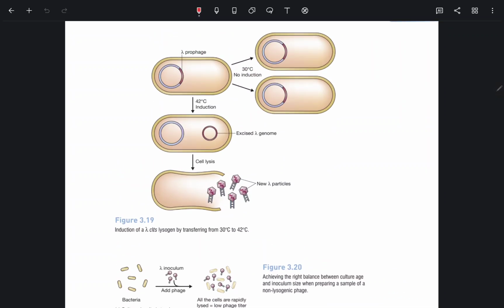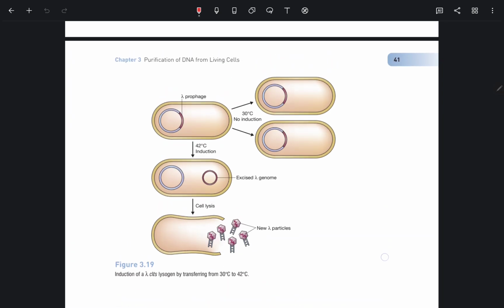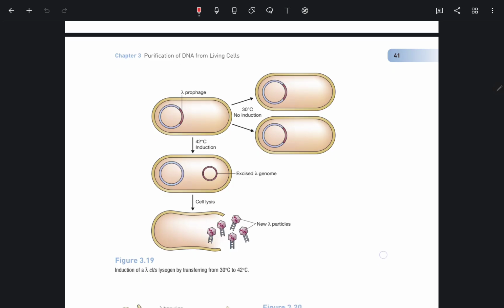So induction of lambda cI857 lysogen by transferring from 30 degrees Celsius to 42 degrees Celsius. So lambda prophage going through 42 degrees Celsius induction gives rise to excised lambda genome, and this goes through cell lysis, and the cell is ruptured and gives new lambda particles.